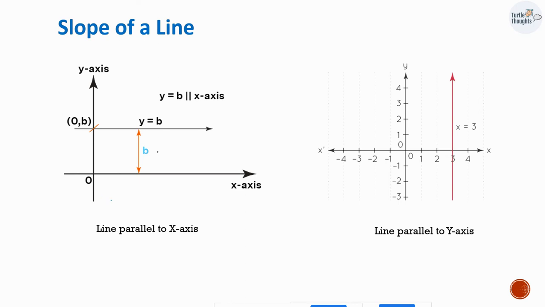Slope of a line. When a line is parallel to x-axis and when a line is parallel to y-axis, we already know that the slope of a line m is given by tan theta, which is nothing but y2 minus y1 divided by x2 minus x1.